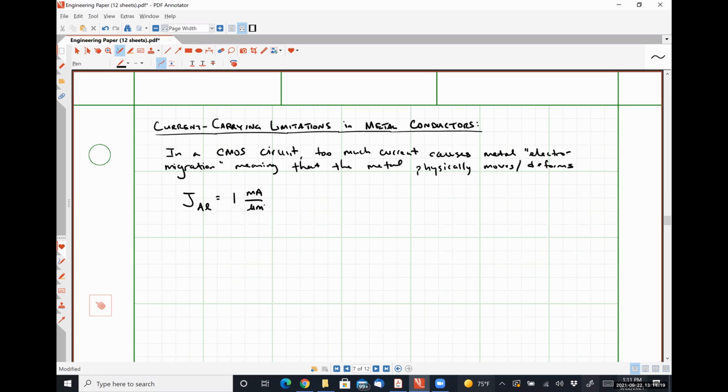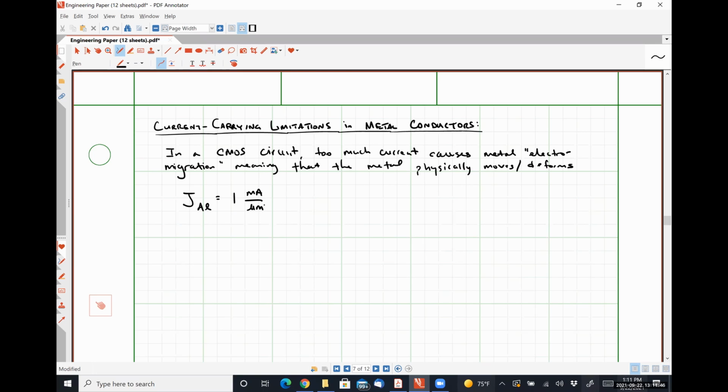So that means that the minimum size metal wire that we have, which is actually 0.9 microns wide, cannot sustain a current of larger than 1 over 0.9 milliamps without causing deformation. So that's the threshold for electromigration to occur. Okay.